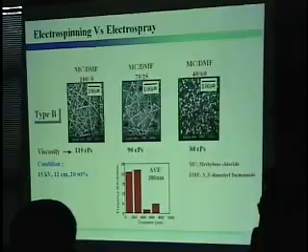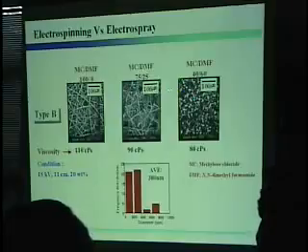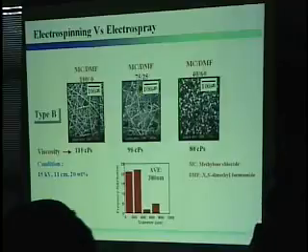Here we can see the process, how it varies from electrospinning to electrospray, depending on the viscosity of the solution. For electrospinning, we get fine fibers, but at this side it lightly sprays particles. And here is the fiber diameter of this photograph. You can see an average fiber diameter of less than 100 nanometers was obtained.